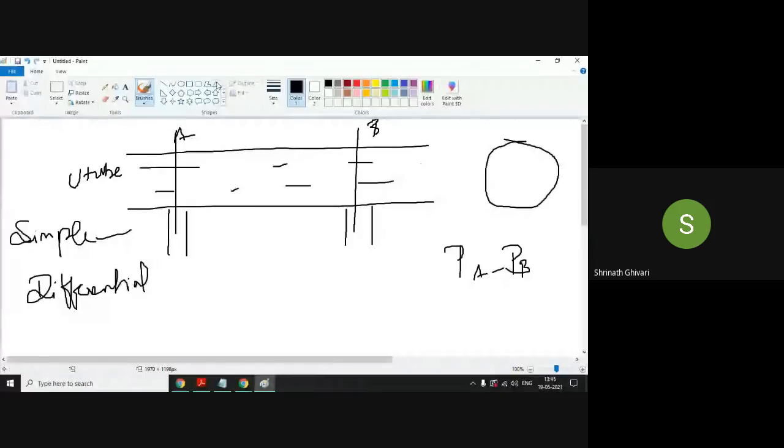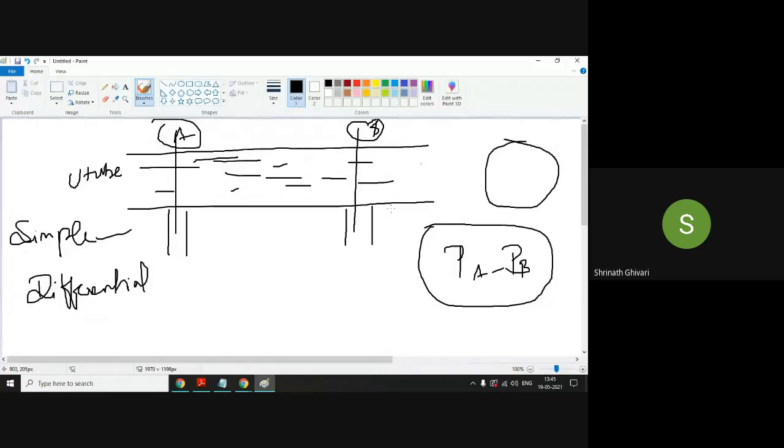Now I want to measure the pressure at point A and at point B and take its difference. This is the same pipe, right? I'm not taking any other pipe here. If I want to measure the pressure difference in the same pipe, then I can use a differential manometer. I have to use a differential manometer. Okay, I think you have understood this.